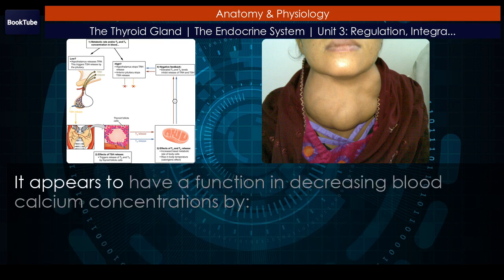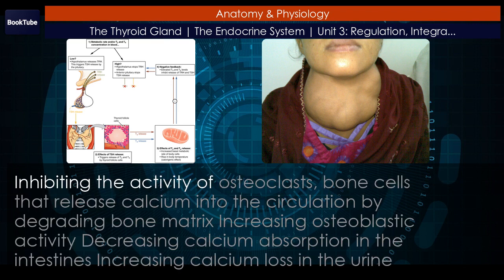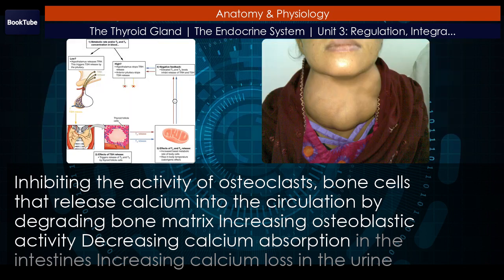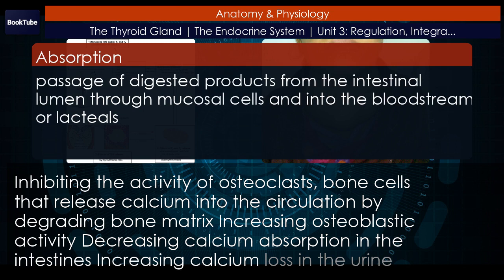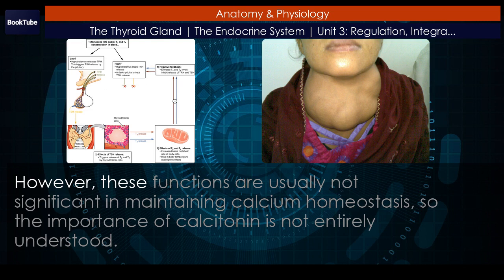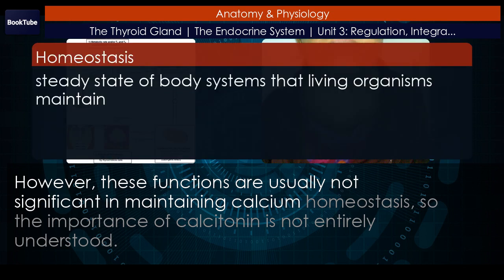It appears to have a function in decreasing blood calcium concentrations by inhibiting the activity of osteoclasts, bone cells that release calcium into the circulation by degrading bone matrix, increasing osteoblastic activity, decreasing calcium absorption in the intestines, and increasing calcium loss in the urine.